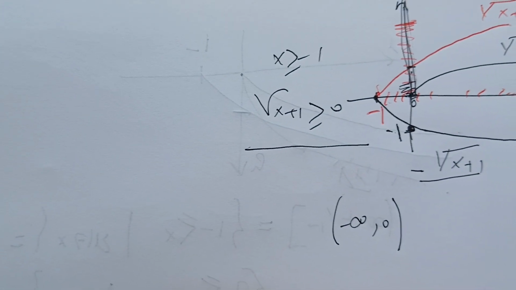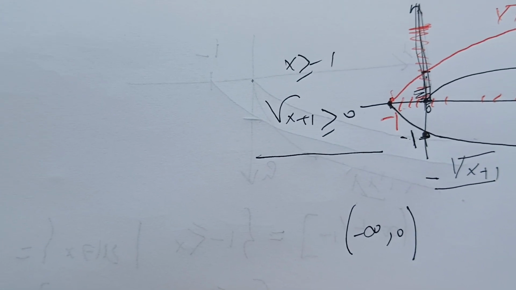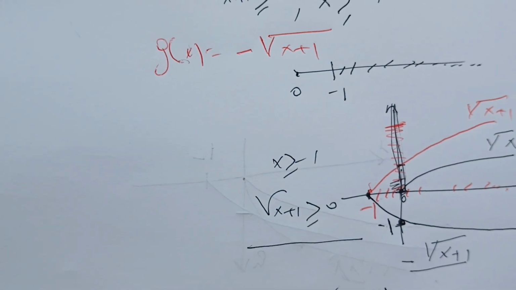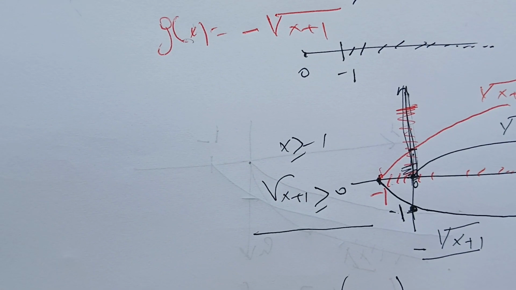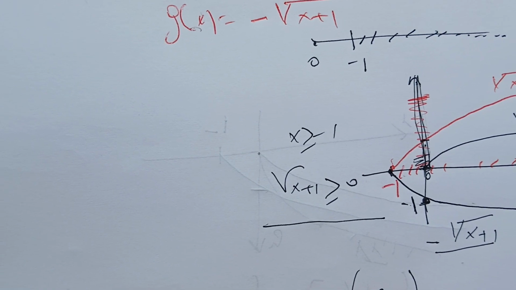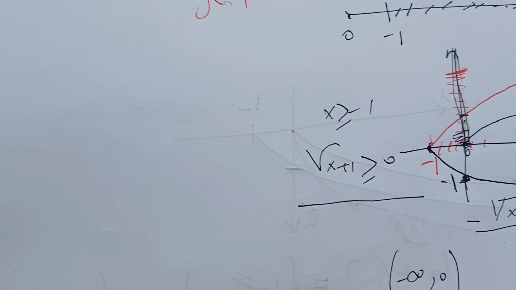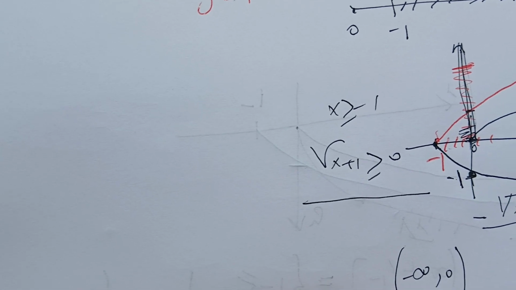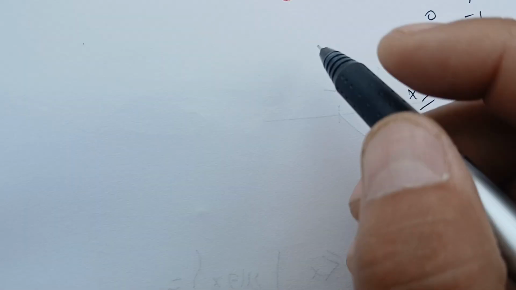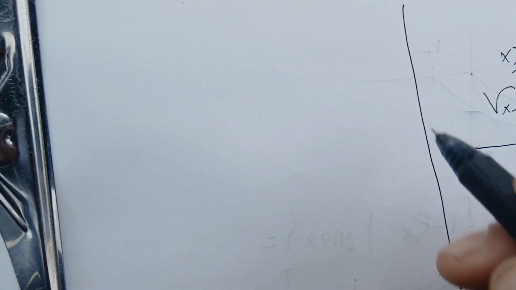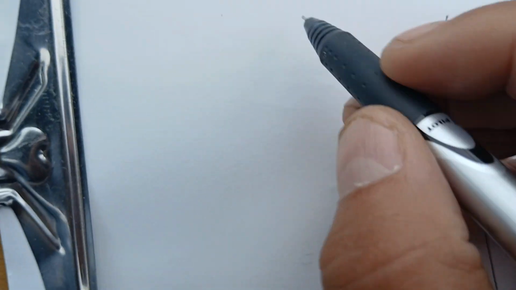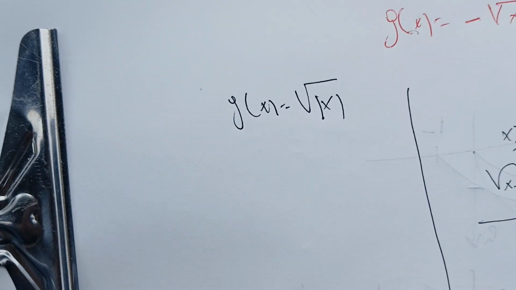Another function that is helpful to graph is the absolute value of this function. Let me write it down here so I can have more space. So g of x, the absolute value of square root of x.